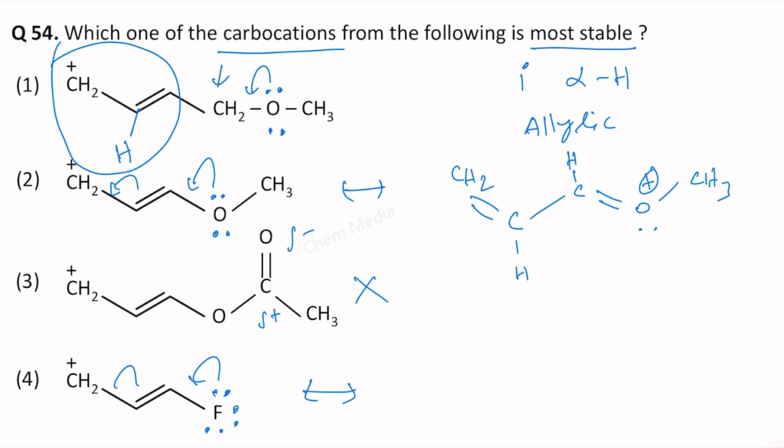So, if we do write a resonance structure like this, CH2 double bond CH and then CH here and then double bond F and then 2 lone pairs, then we have to put a positive formal charge on the most electronegative fluorine atom. Therefore, this is also not stabilizing the charge that is there on the carbocation. Therefore, methoxy group will have a dominant mesomeric effect here, and therefore option 2 is correct here.